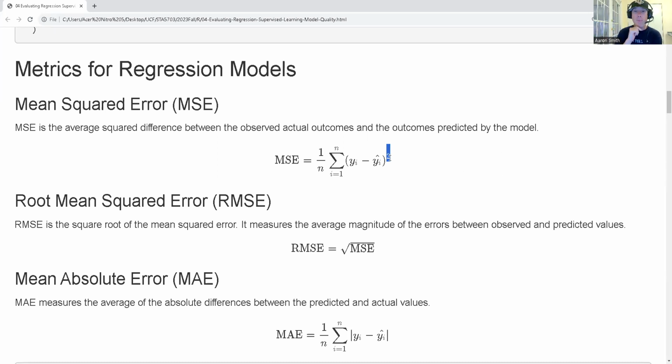Well, if I'm using mean squared error as a measurement of a fit, or as a way to fit a model, so if I'm optimizing for mean squared error, it is going to work harder to avoid big errors, and it will accept a lot of small errors to avoid one big one.